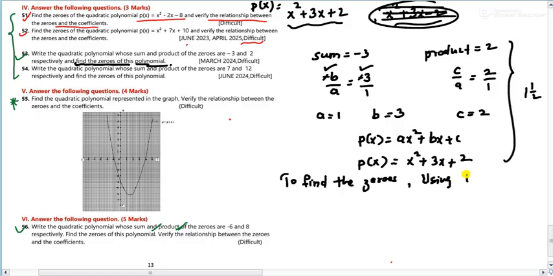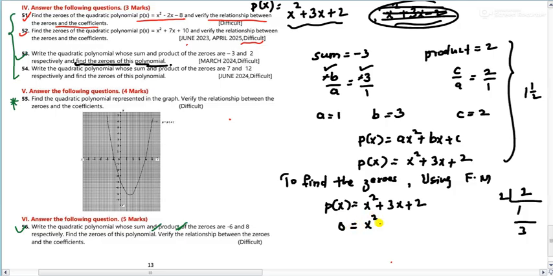Using, I'm writing here directly, factorization method. So again here you should get 2, here 3. So it's 2 ones, right? Yeah, so just substitute, x square plus 3x plus 2, P of x is 0. Now x square, 3x can be written as 2x plus x or 1x.